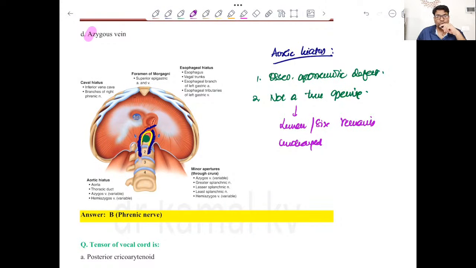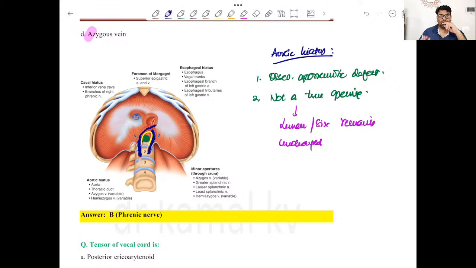So it's not a true opening, and therefore the size remains fixed. This is very important to understand, because if it were passing through the muscular portion, the diaphragm would contract and compress the aorta. Therefore the lower part of the body might get less blood supply, right?